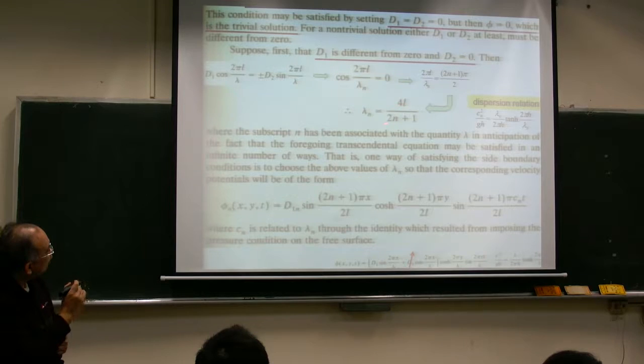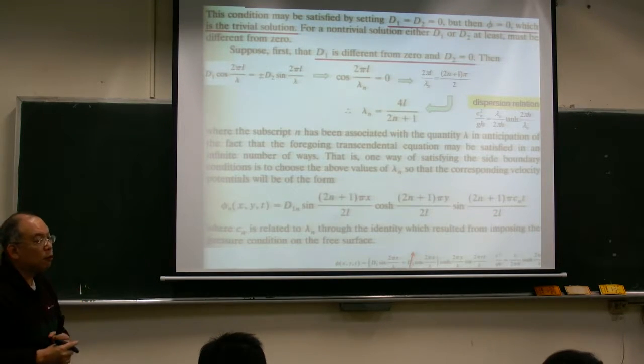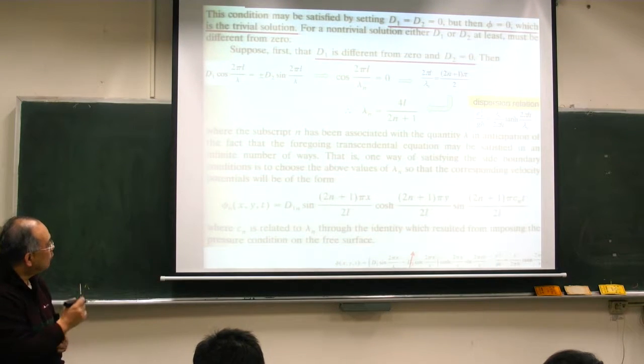So we apply lambda n into here, times hyperbolic cosine and sine 2 pi ct over lambda. Applying this formula into this solution form, we can get this. So this is one possible solution. It's not trivial.